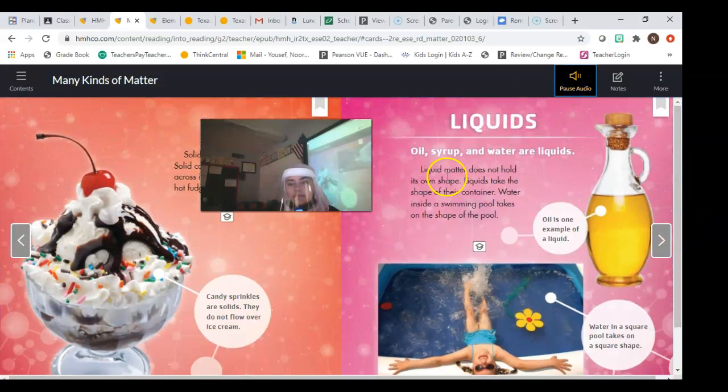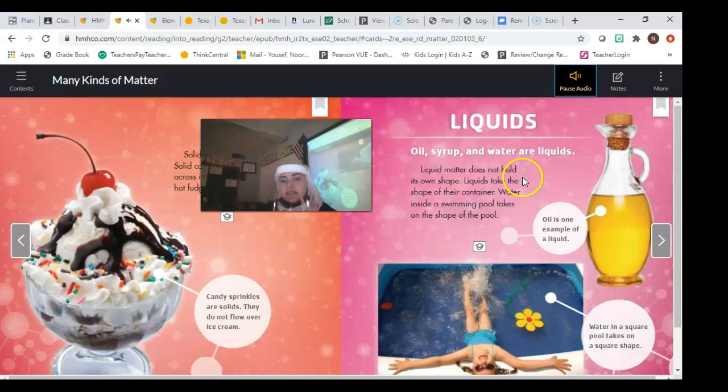Liquids. Solids do not flow. Solid candies don't spread across ice cream the way hot fudge sauce does. Candy sprinkles are solids. They do not flow over ice cream. Liquids. Oil, syrup, and water are liquids.